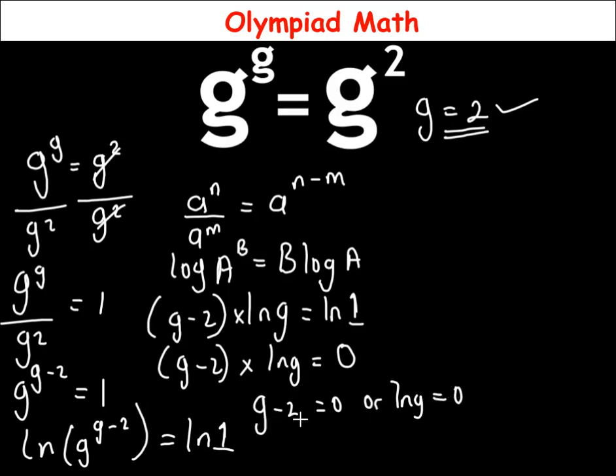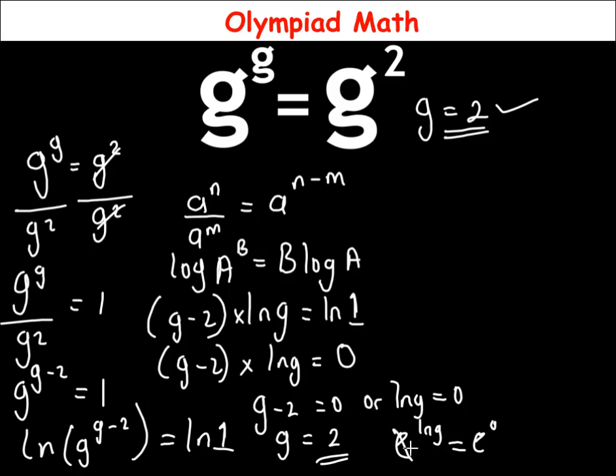Now from here, for the first one, g minus 2 is equal to 0, which is a linear equation. So g is equal to 2. We've gotten the value of g initially to be 2. Let's then get the other values of g from the equation ln g is equal to 0. To solve for g here, the first thing to do is to eliminate this ln. To eliminate ln, I will bring in e on both sides of the equation. So e to the power of ln g is equal to e to the power of 0.